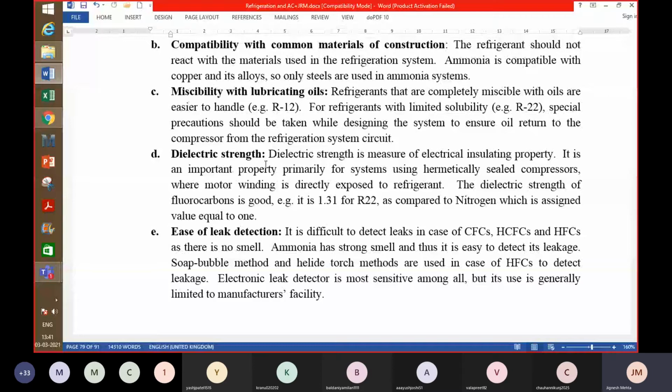There are more sophisticated and better ways of doing it. So the soap bubble method is one of the primarily used methods, and other methods, like halide torch methods, are also used in the case of hydrofluorocarbons to detect leakage. The electronic leak detector is most sensitive, but its use is generally limited to the manufacturer's facility.